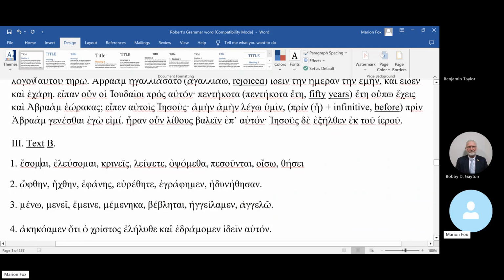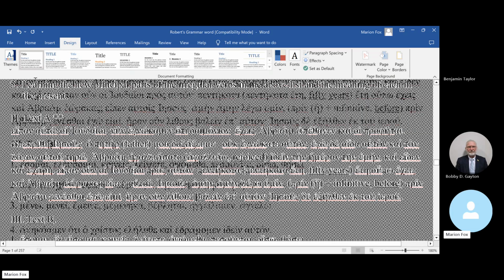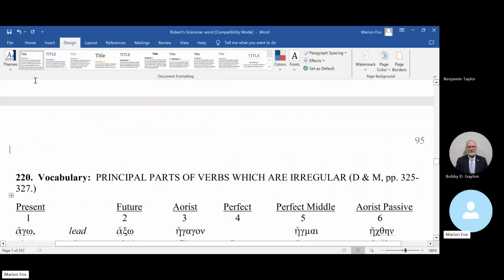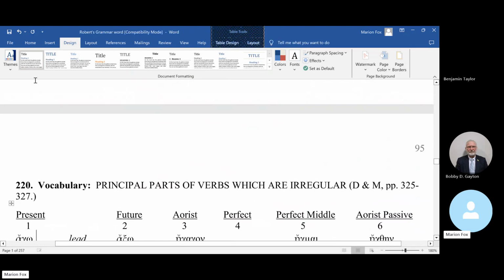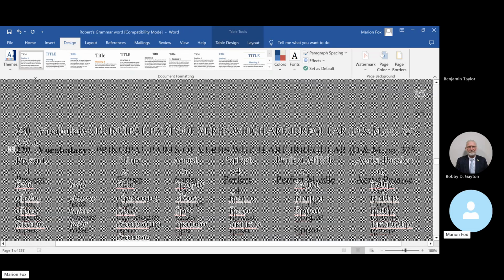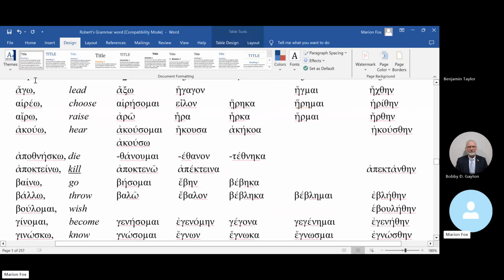Can I ask you a quick question first? Yes. Like on page 220, the list of the regulars, the akouo, the perfect middle, which doesn't have one, which follows a standard form, means that we go back to this form that's over here on the standard form. Right? Yes.